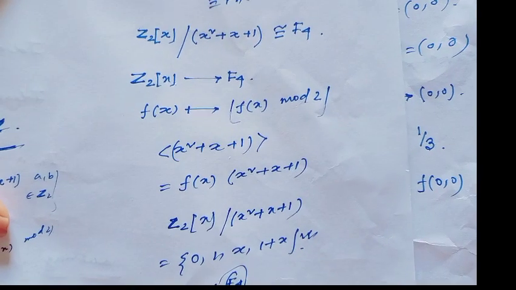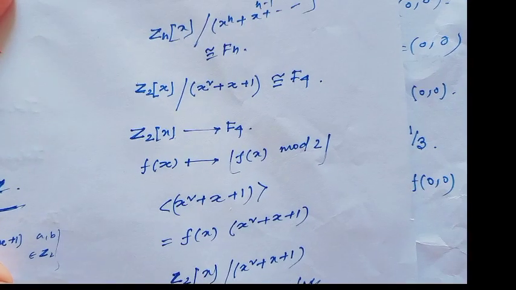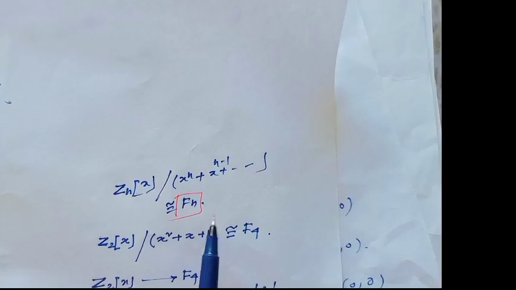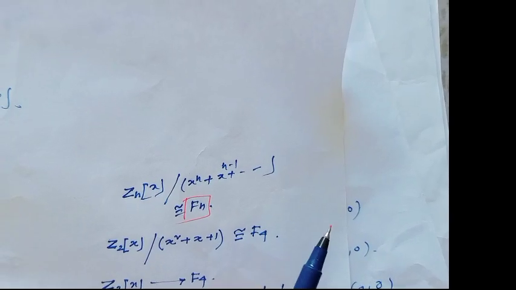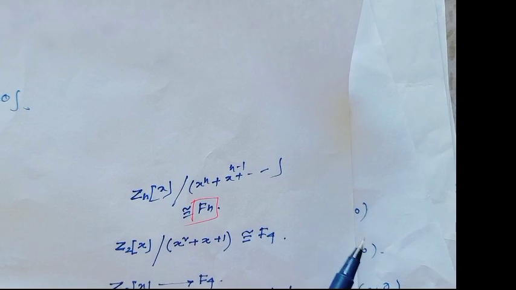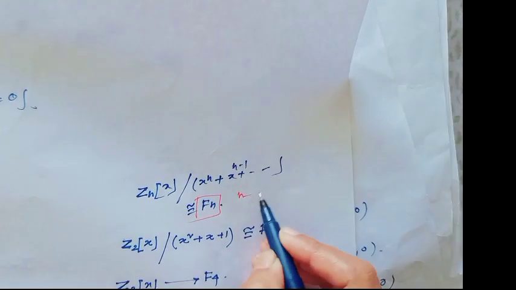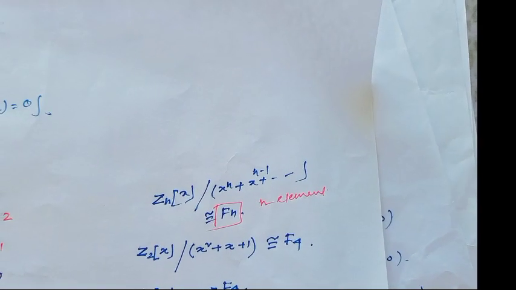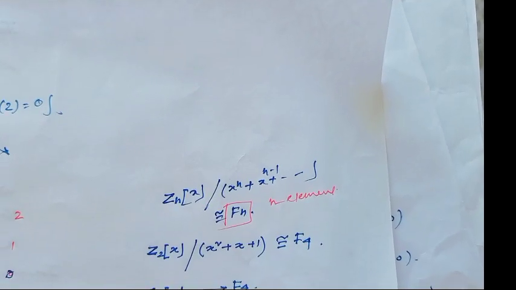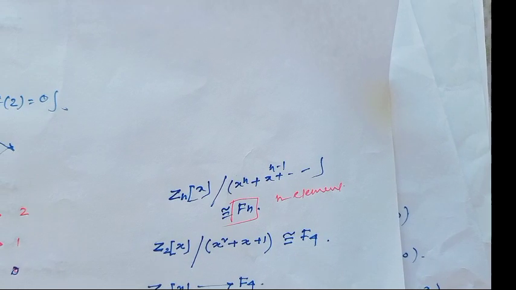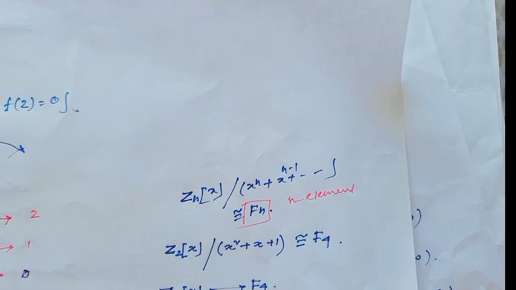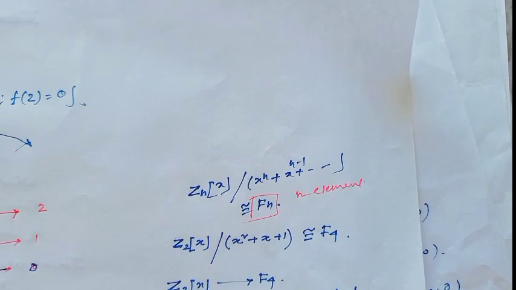This type of quotient ring is actually very important for higher study. All of us know Fn means the field containing n elements. So every such quotient ring Zn[x] modulo x to the power n plus x to the power n minus 1 and so on is always isomorphic to Fn.